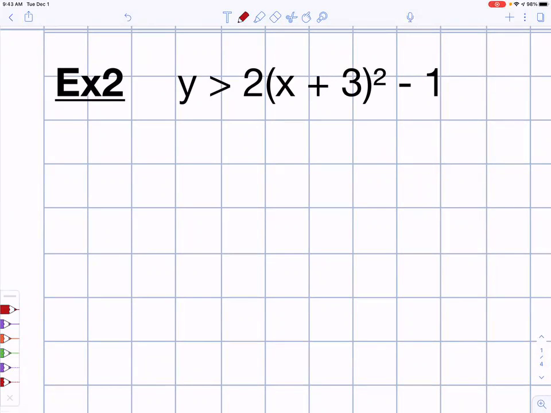It's a parabola. Can you describe to me what's happening to the parents of my parabola? Talk to me about what's happening. Left, how far? 3. Why left? Good. And why left instead of right?